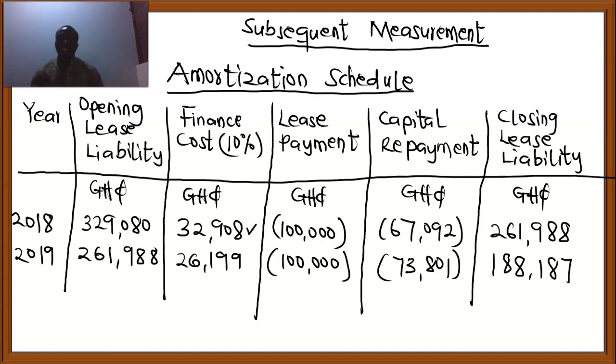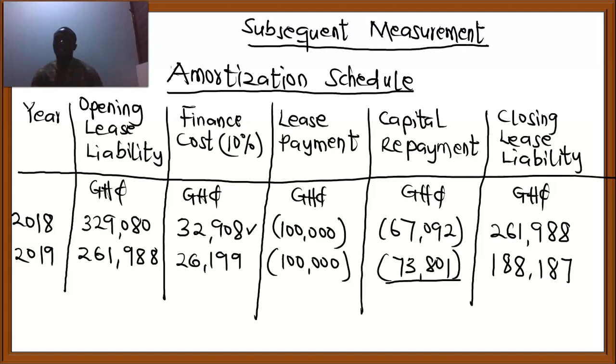So between 2018 and 2019, the closing lease liability reduced by 73,801. Okay, when you subtract 188,187 from 261,988, that is the closing balances of 2018 and 2019.